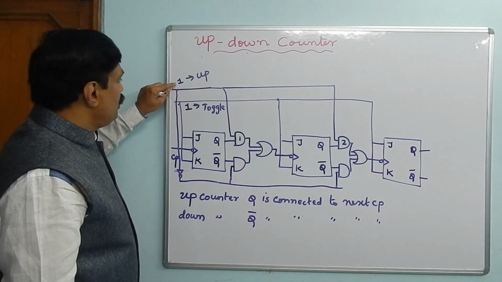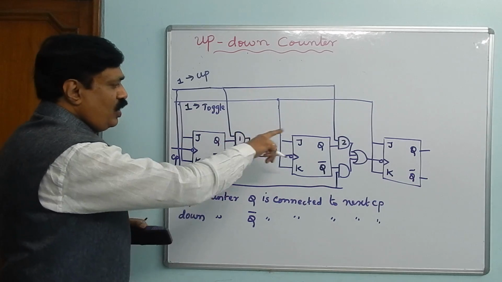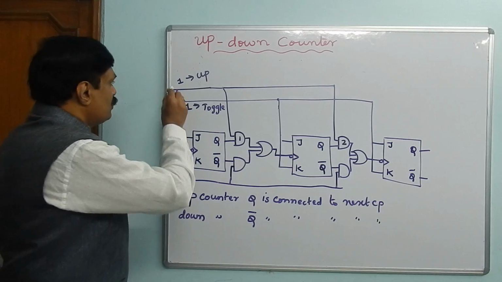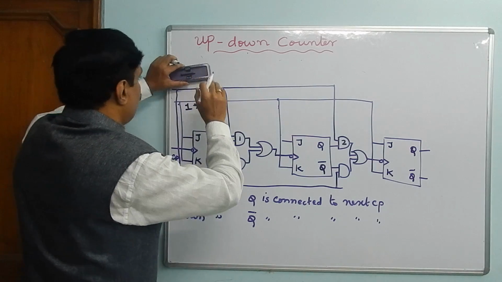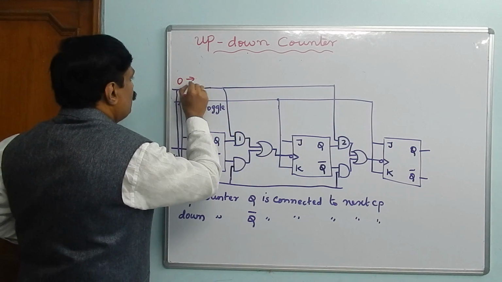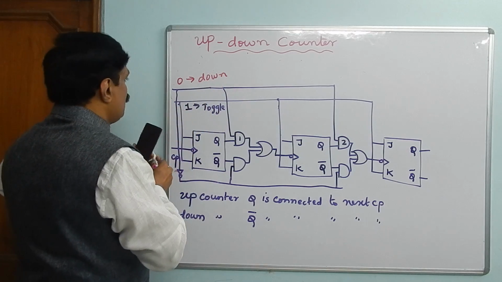Now for example if it is 0, AND gates 1 and 2 will not respond. This 0 means down. Now 0 means down, and 1 means up.